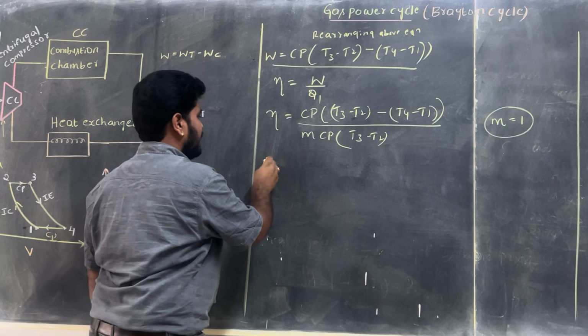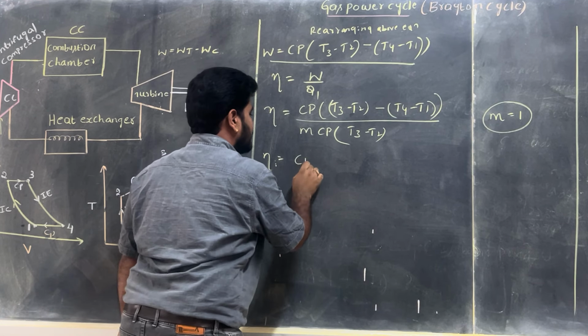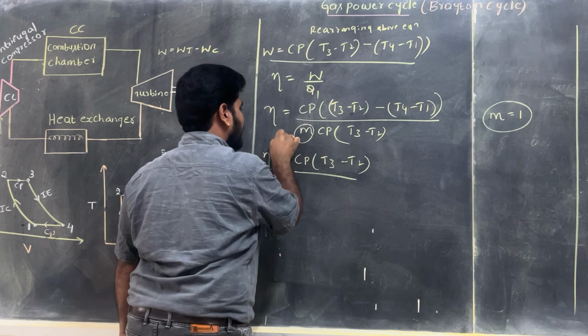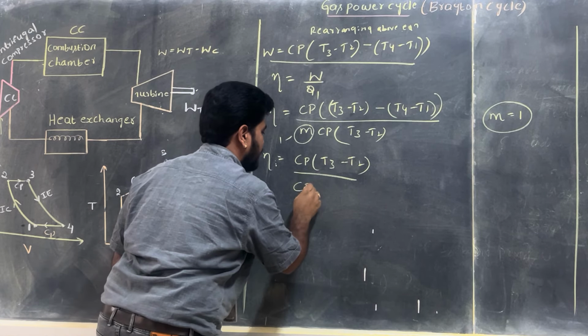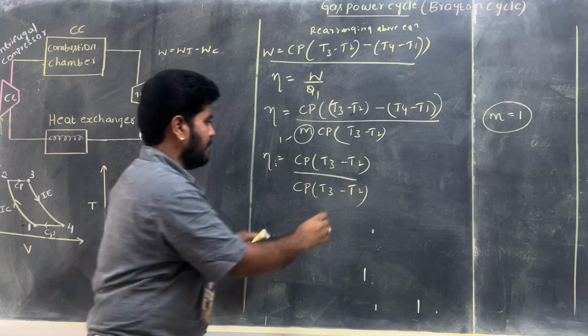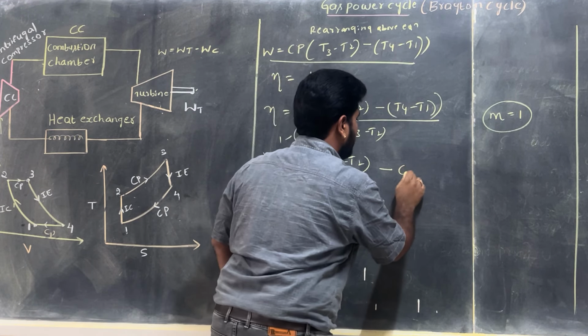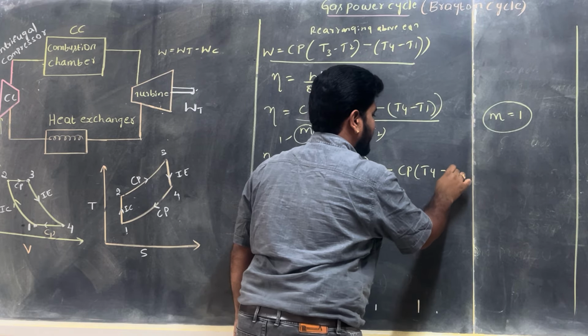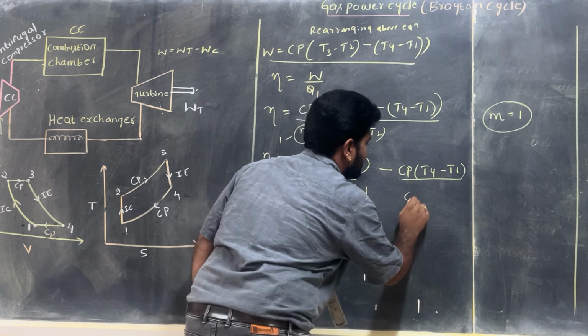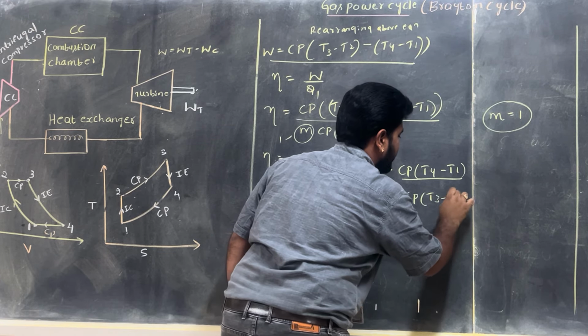Now see here, I will take efficiency and separate the terms. Cp T3 minus T2, with m as 1, separate the numerator: Cp into T3 minus T2 minus Cp into T4 minus T1, and in the denominator you will get Cp into T3 minus T2.